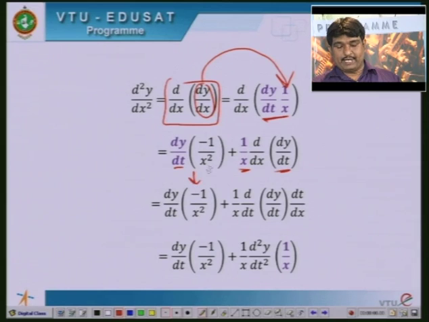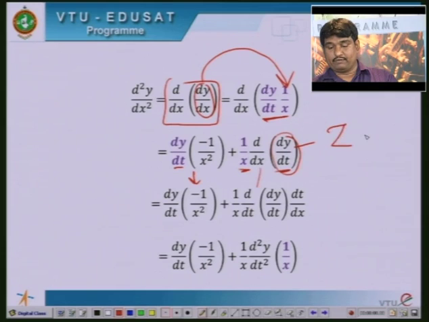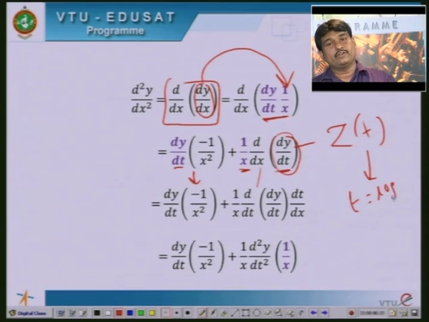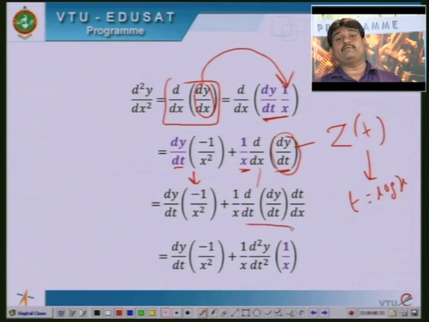I will write this term as it is, dy by dt into minus 1 by x square, plus 1 by x into d by dx of dy by dt. Here dy by dt is like z, which is a function of t, and t is internally a function of x, t equals log x. So the same chain rule has to be applied: d by dx of dy by dt is equivalent to d by dt of dy by dt into dt by dx.